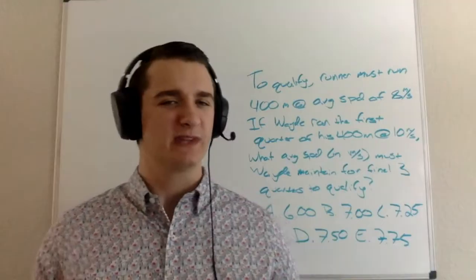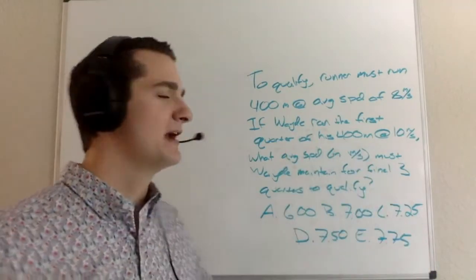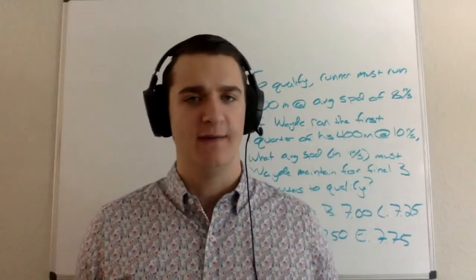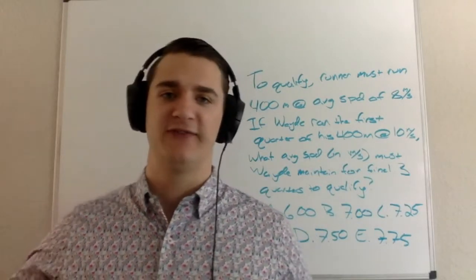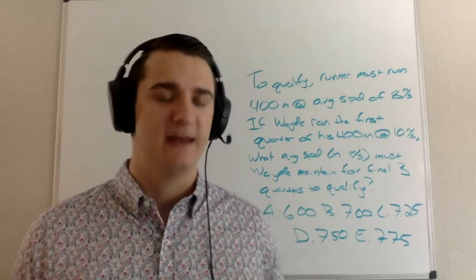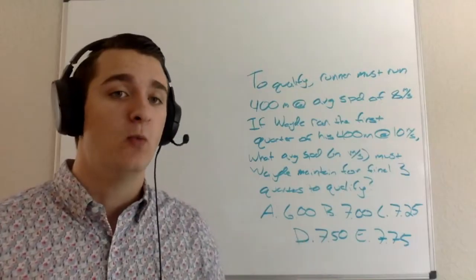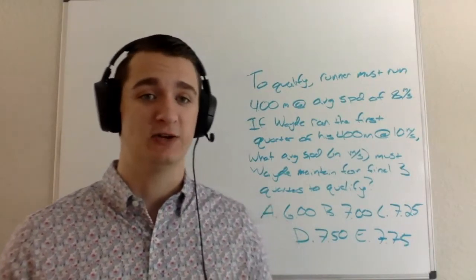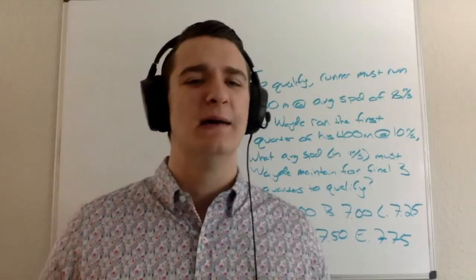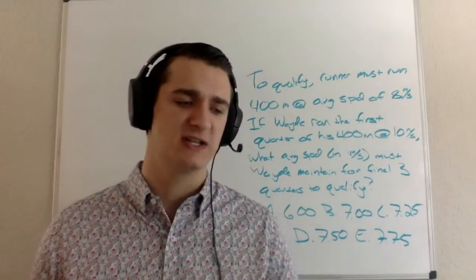For example, a common sort of question that you'll see is, if we had said Wade ran the first half of a marathon at 8 meters per second and the second half of the marathon at 10 meters per second, which would be a really fast marathon, then what would his average speed be? A lot of people would jump straight to 9 meters per second, but you can't just average the two because that's not the way that average speed works.